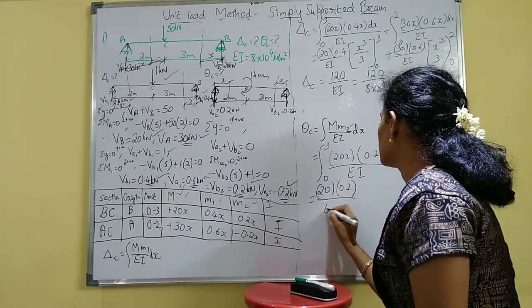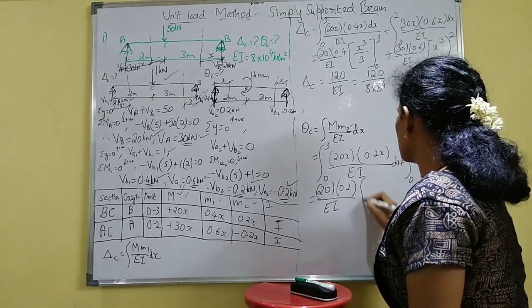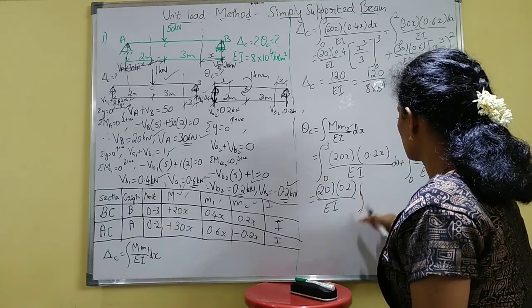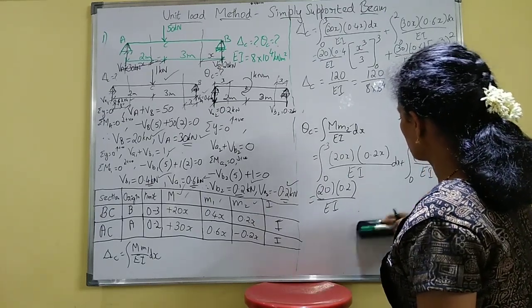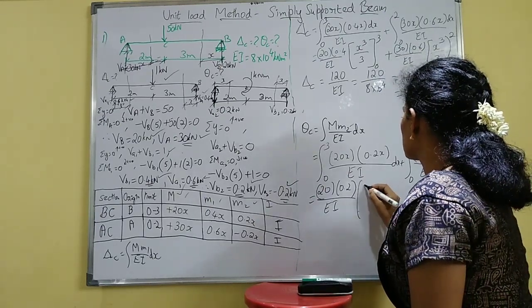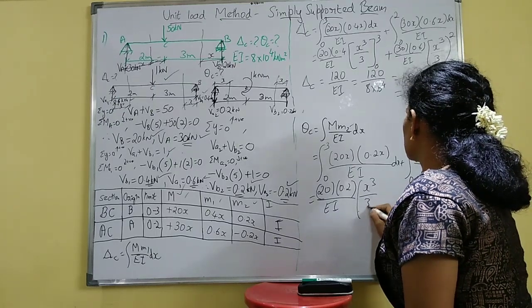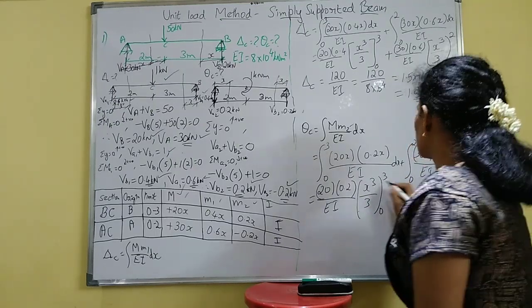Again similarly, integration of x square is x cube by 3, 0 to 3 limit.